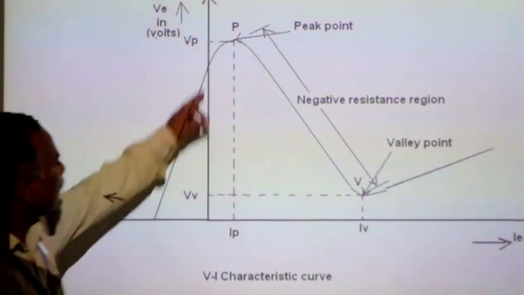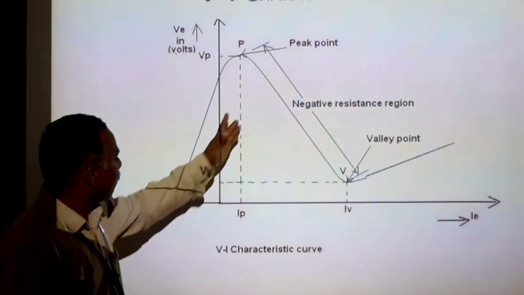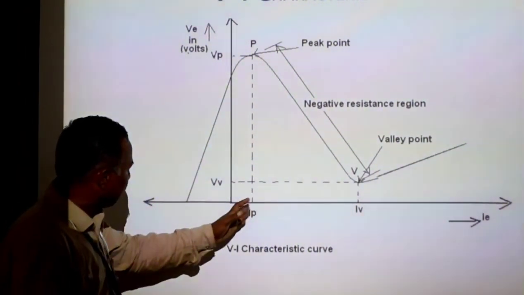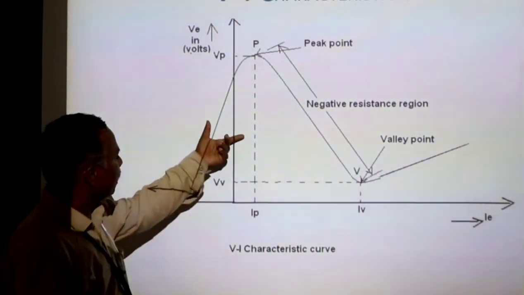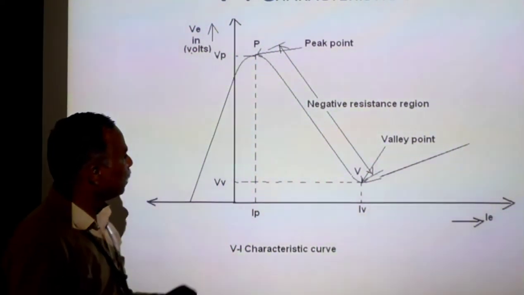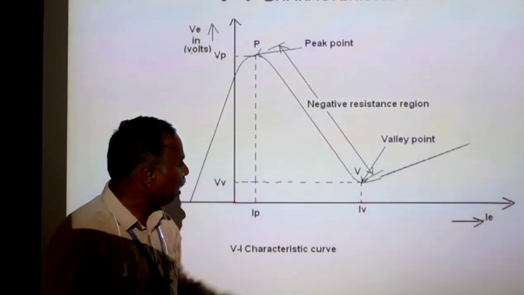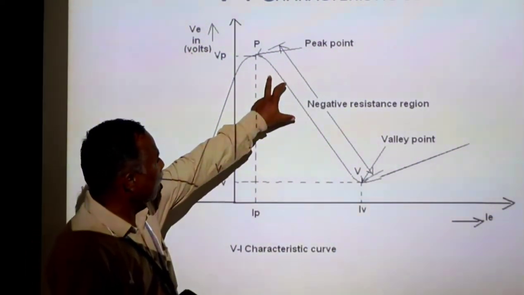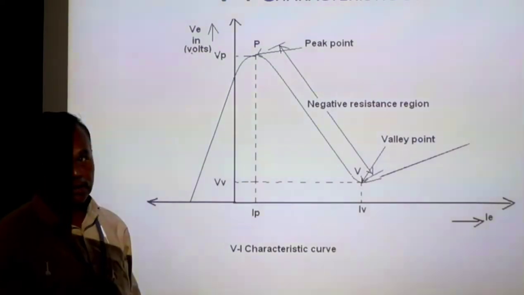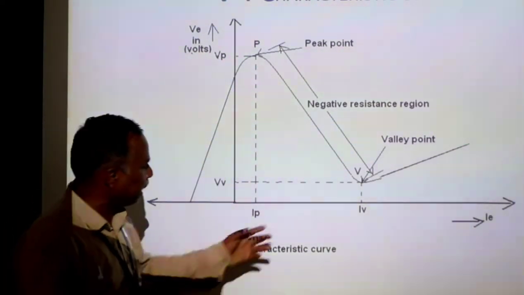Now, this is the cutoff region beyond this level. That is a negative shift. This is the cutoff region up to the peak point. After that, the gradual reduction in the voltage and increment in the current is called the negative resistance region, because the resistance gradually decreases as the current increases.